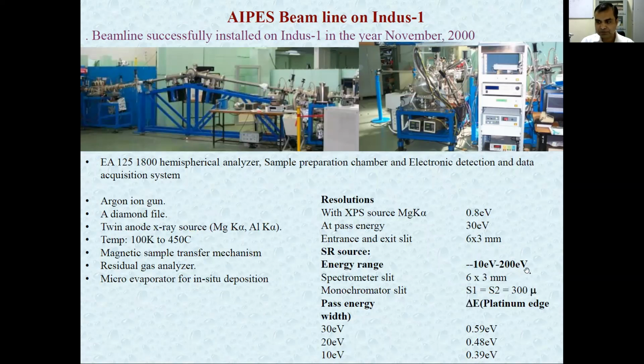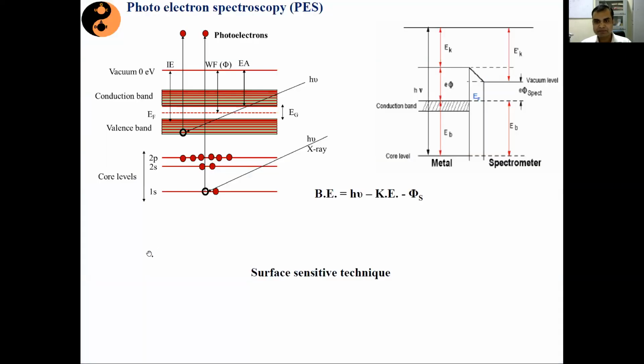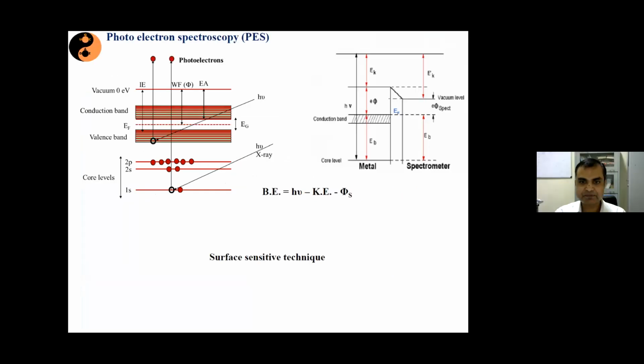Now, before going into that, let's try to understand what is photoelectron spectroscopy. In photoelectron spectroscopy, the name tells us we use the photoelectric effect. What is photoelectric effect? The Einstein's discovery of photoelectric effect. We shine the photon on a given material. The photon energy is absorbed by the electron, and that electron, after overcoming its binding energy, is emitted in the vacuum after overcoming the work function.